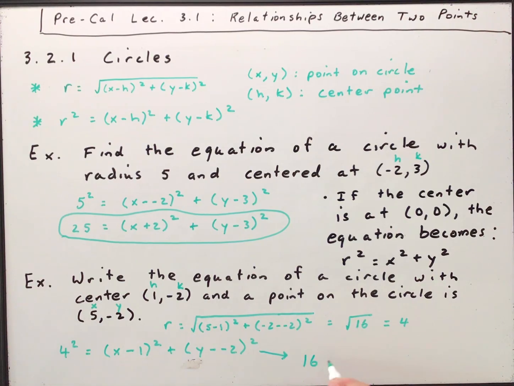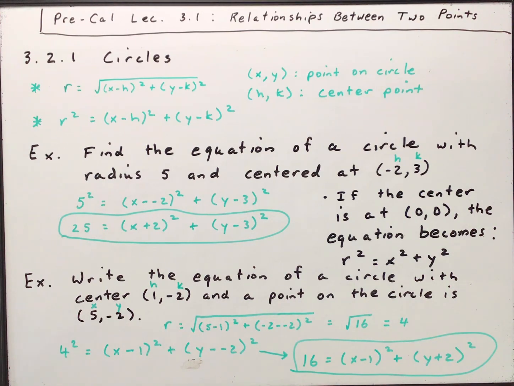That's going to be 16 is equal to x minus 1 all squared plus y plus 2 all squared. Now, a way to quickly figure out the center would be the number that is next to x, change the sign, and that's the x value. The number that's next to y, change the sign, and that's the y value. Okay, so see how they're like that.